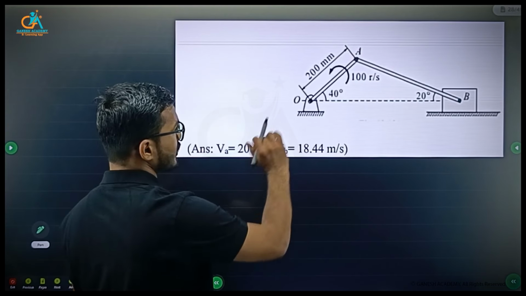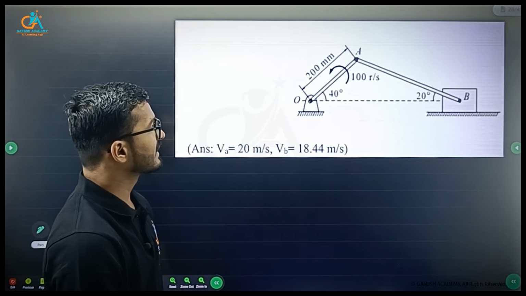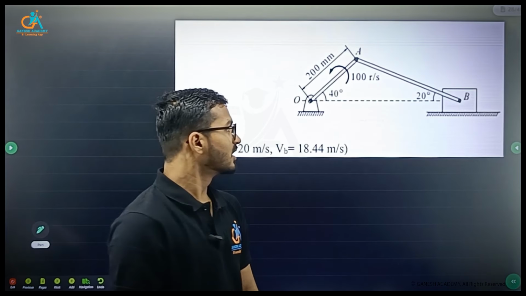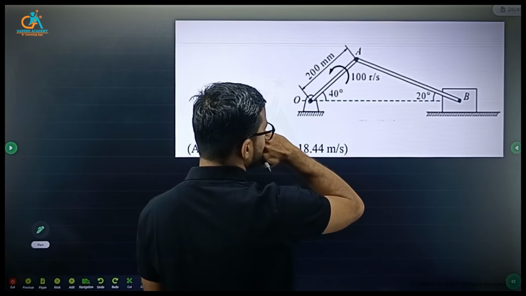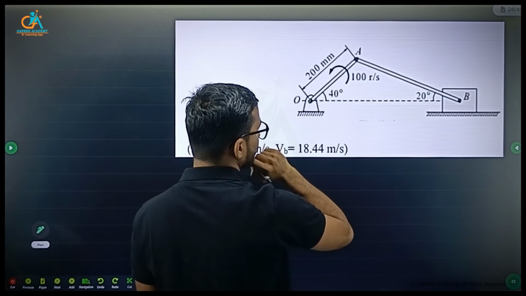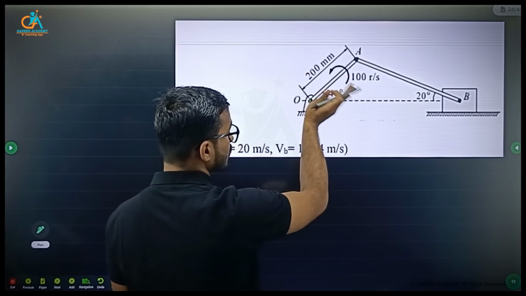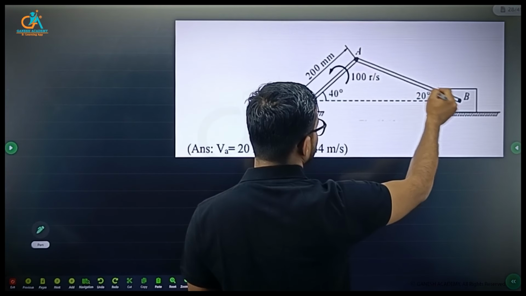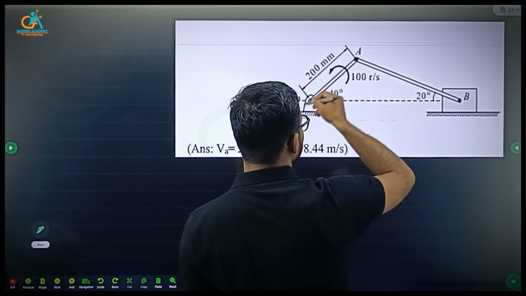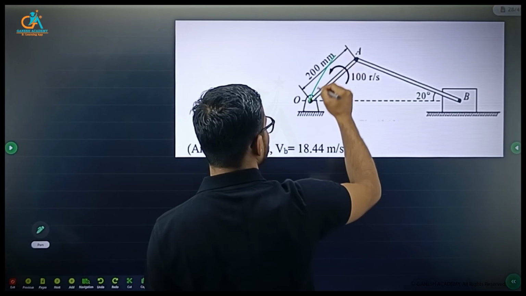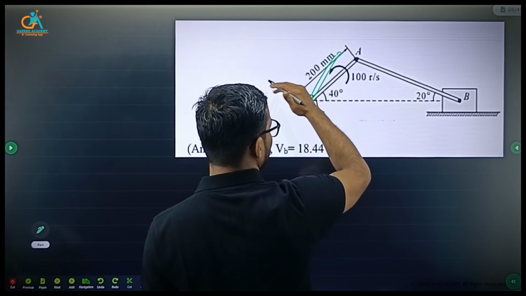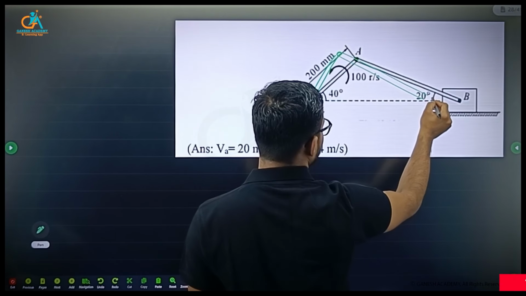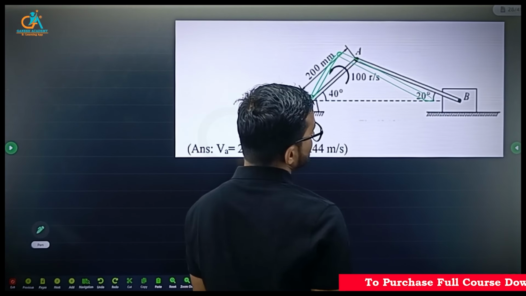So in order to solve this numerical, first we have to identify the motion. OA is rotating about O in the anti-clockwise sense, and then this AB is connected to OA. As this OA is rotating in anti-clockwise sense, AB will perform a general plane motion, right?